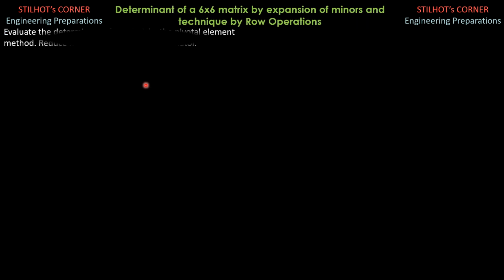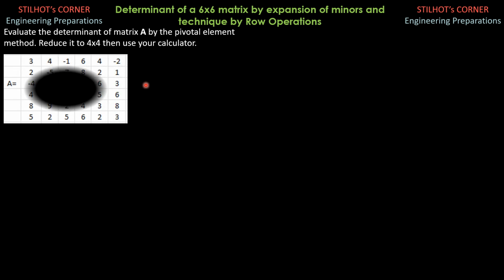So here is the problem. Evaluate the determinant of matrix A by expansion of minors, reducing it to 4 by 4. Then after that, we use our calculator.